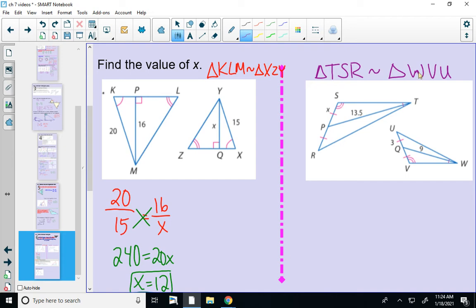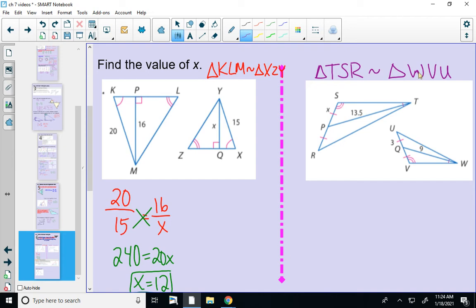All right, and it looks like that line that I drew in on each one, in this case PT and QW, are both angle bisectors. Or actually they're medians, not angle bisectors, because they go to the midpoint of the opposite side. So since these two triangles are similar, their medians are also going to be similar.